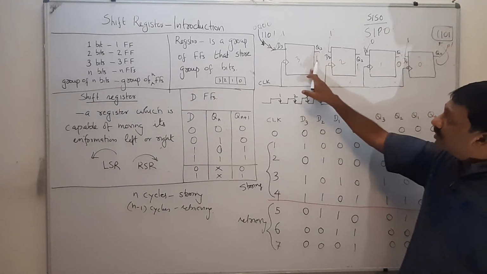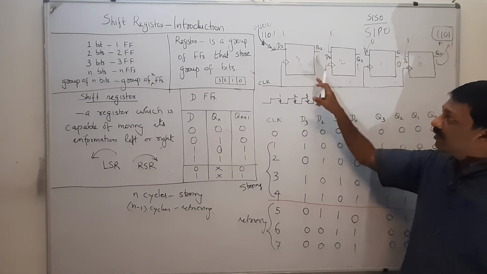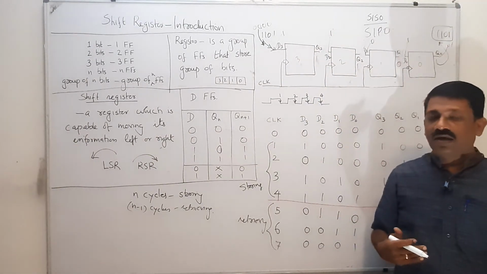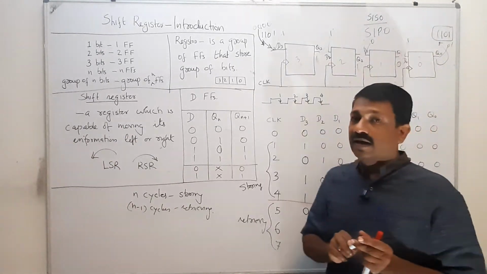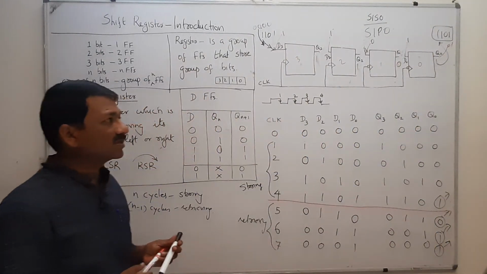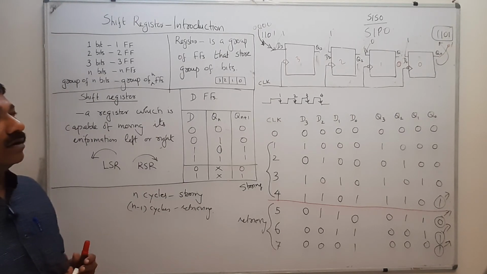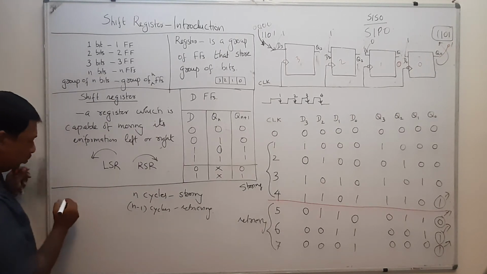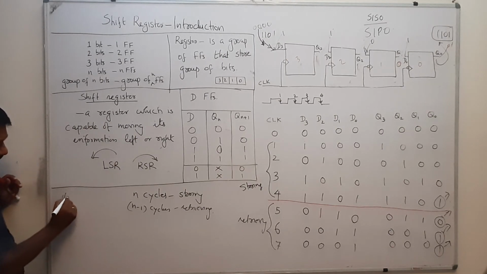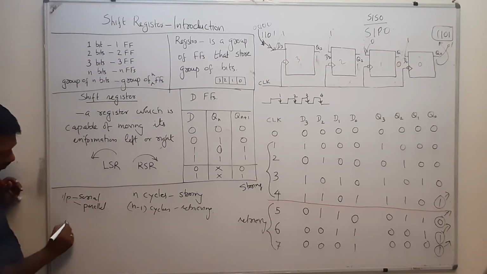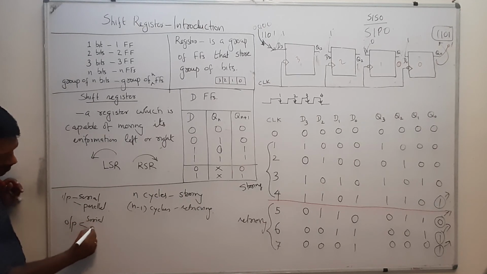And if you want to provide that serially, parallel in and serial out. There is no need to discuss that again. Anyway, there are two kinds of inputs. Input is either serial or parallel. Output is also serial and parallel.